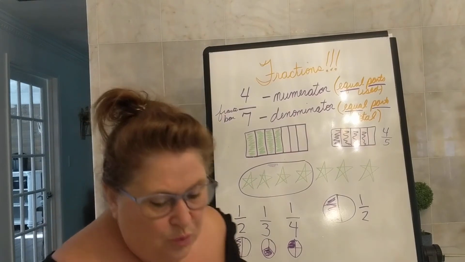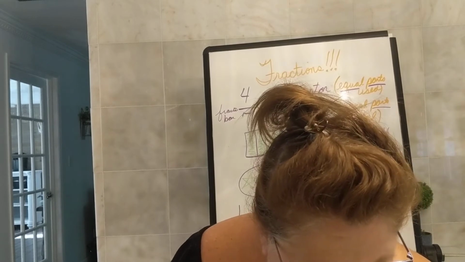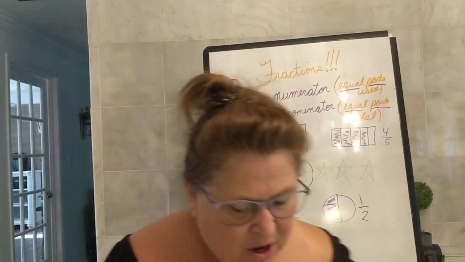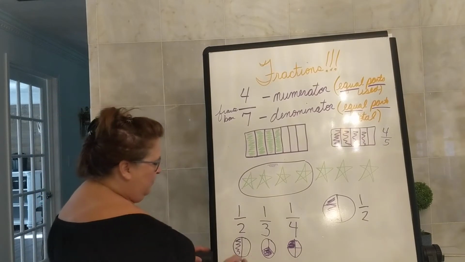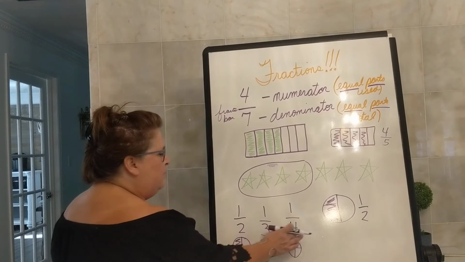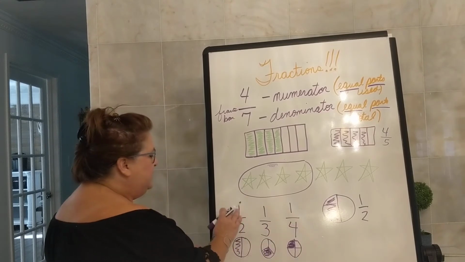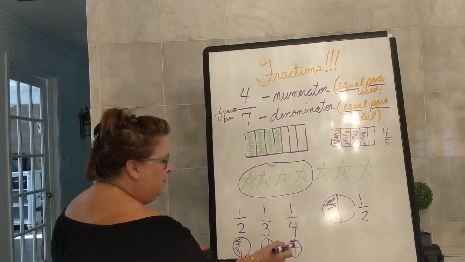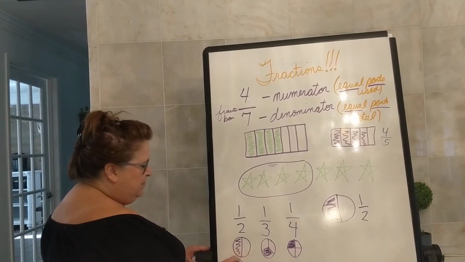It says, what happened to the size of the fraction as the number of pieces increased? Here we have 1/2, here we have 1/4. As the number of pieces increased, 2 to 3 to 4, the pieces of our pies became smaller. Here we had 2 pieces, a pretty good piece right here.